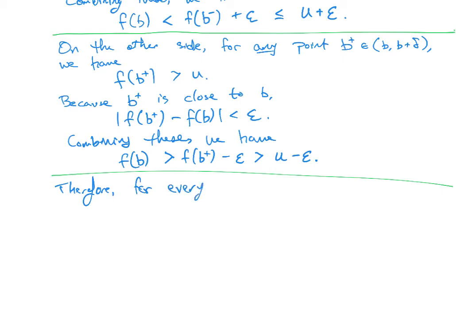What have we proved? No matter what epsilon we started with, because we let epsilon be arbitrary, we found that f of b was greater than u minus epsilon, and on the other hand, it was less than u plus epsilon.